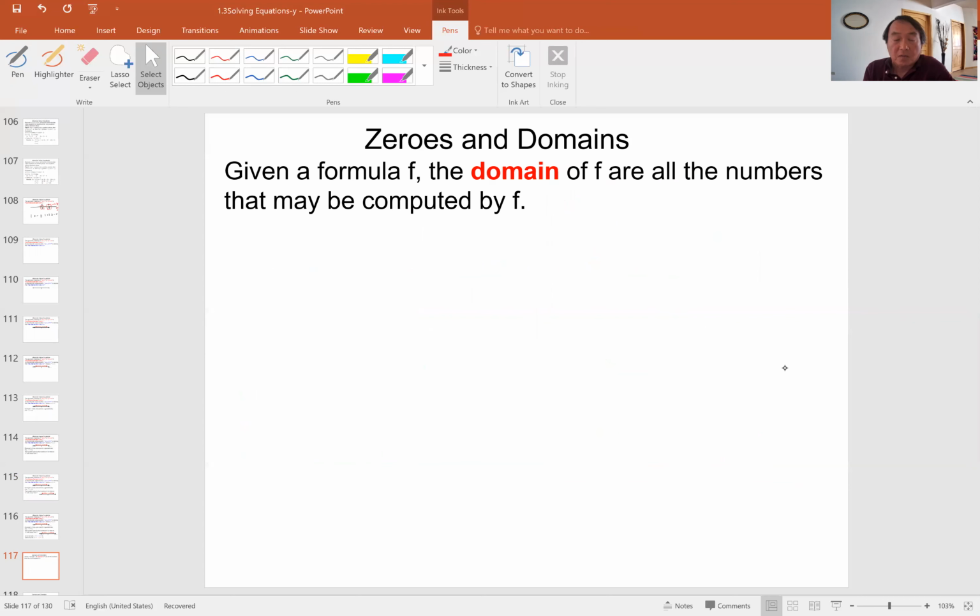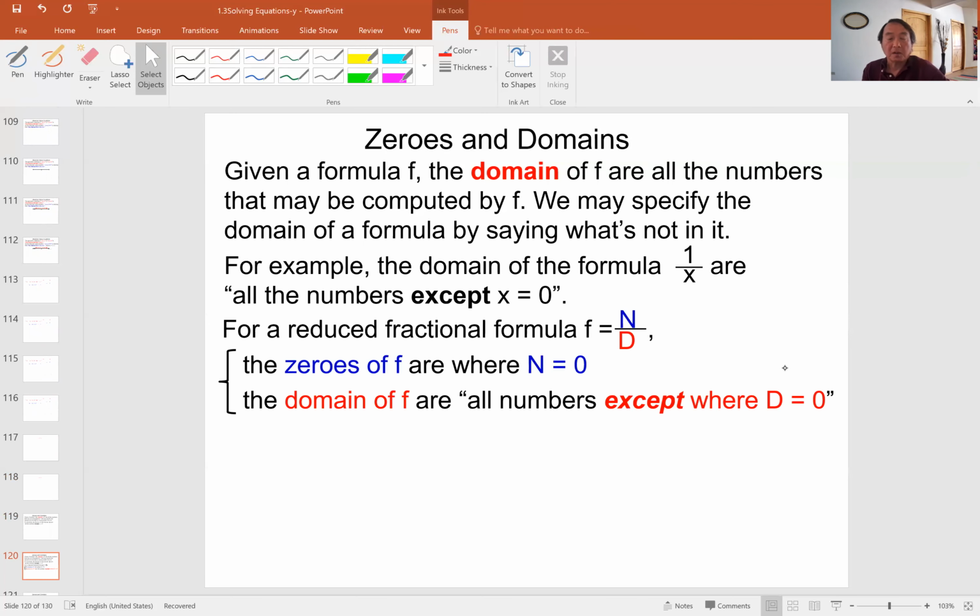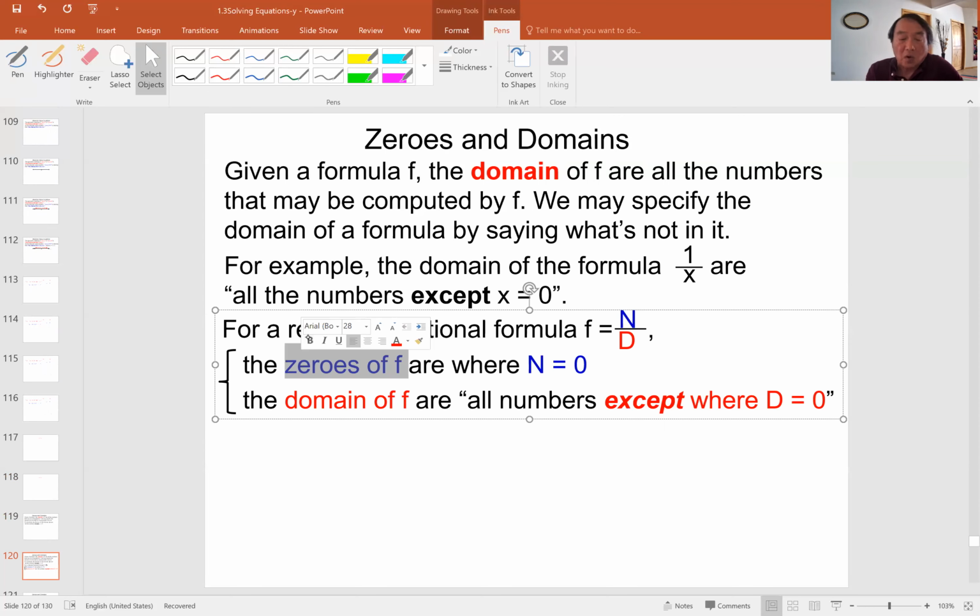What else do we solve equations for? One very important thing for us later on is to find the zeros and domains of different forms of equations, in particular fractions. So in the future, the following problems will be asked. About fractions, they will ask you, what's the zero of f? That is, what number can I put in so that f becomes zero?